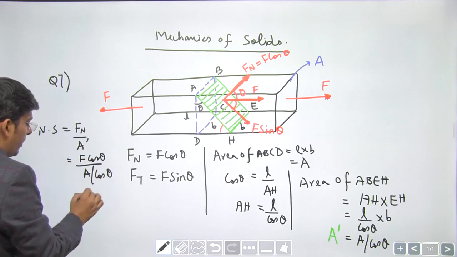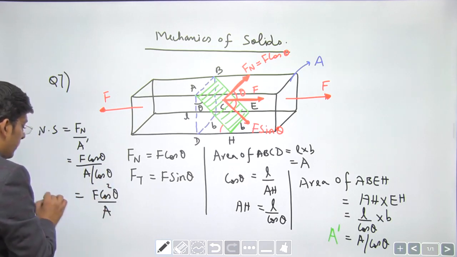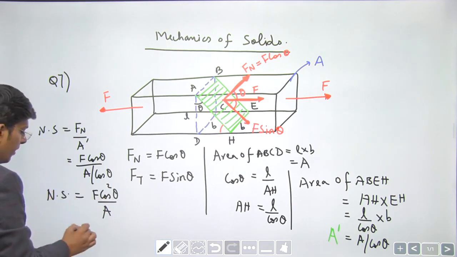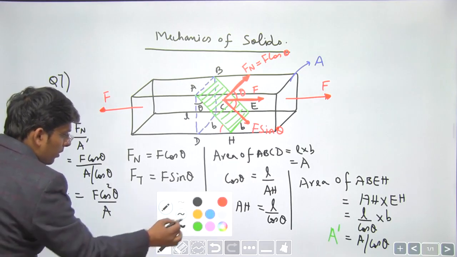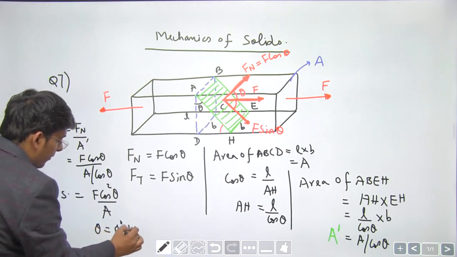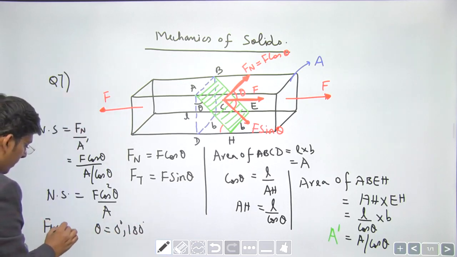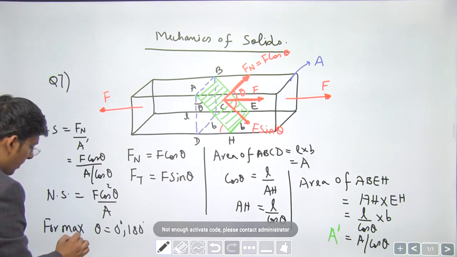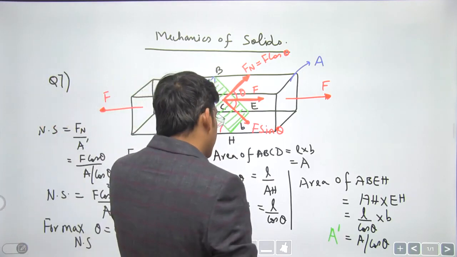So this comes out to be F cos square theta divided by A. If you want this normal stress to be maximum, that means cos square theta should be 1, cos theta plus or minus 1, theta should be either 0 degree or 180 degrees. For maximum value of normal stress, theta should be either 0 degree or 180 degrees, right?